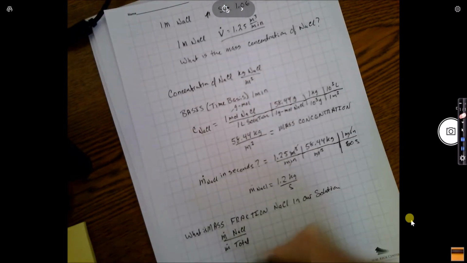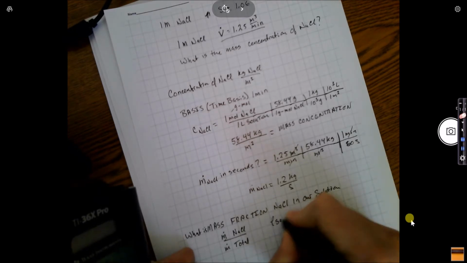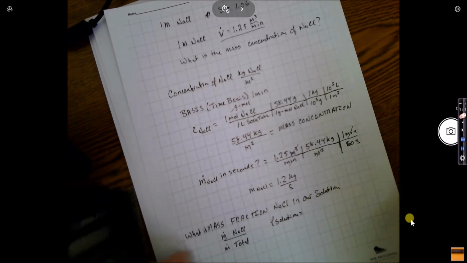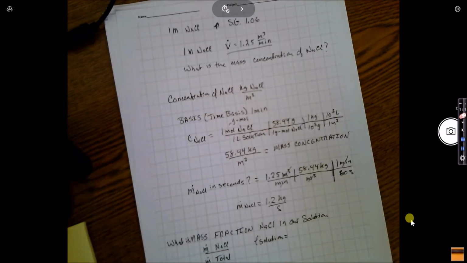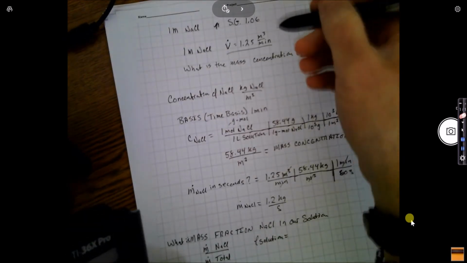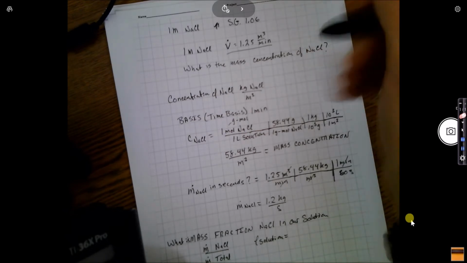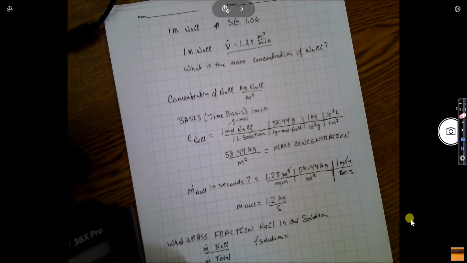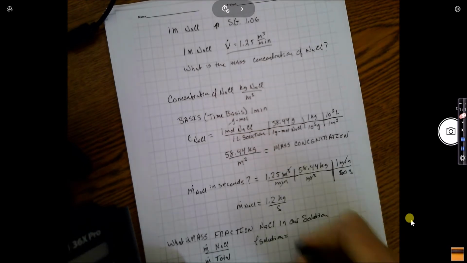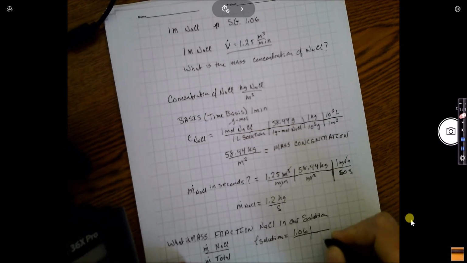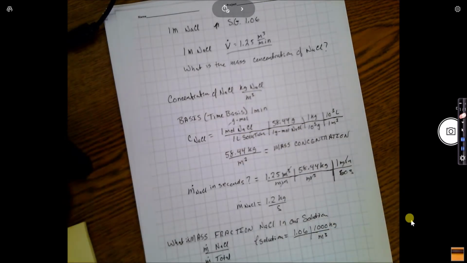We want to get the density of our solution in terms of kilograms and meters, because those are the units we're dealing with for this problem. If we were dealing in grams and centimeters cubed, we'd be multiplying by another number, namely 1 gram per centimeter cubed. But in this case, we're going to do 1.06 times 1,000 kilograms per meters cubed. So 1.06 times 1,000 gives us 1060.